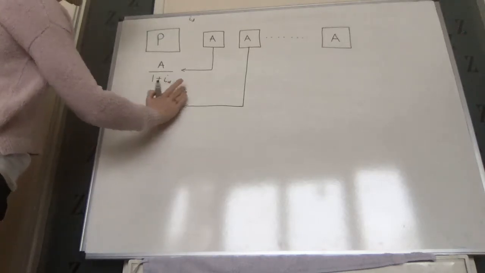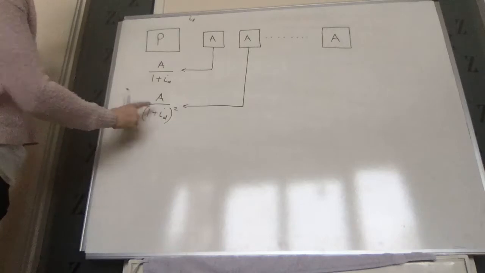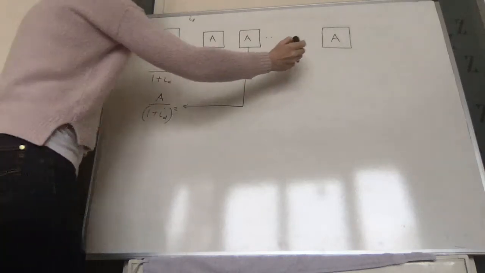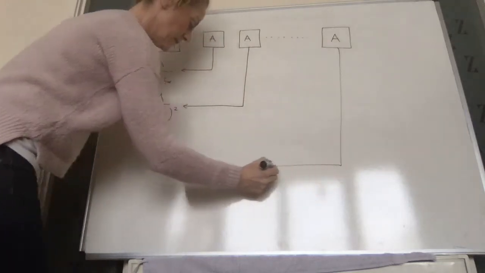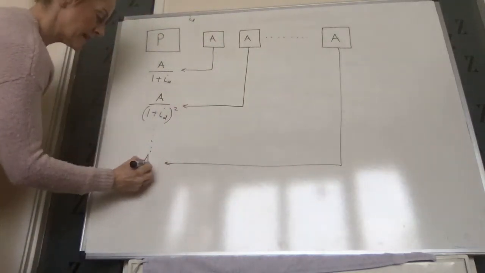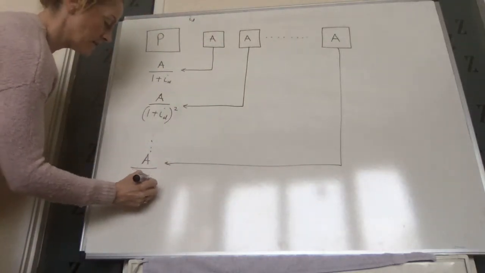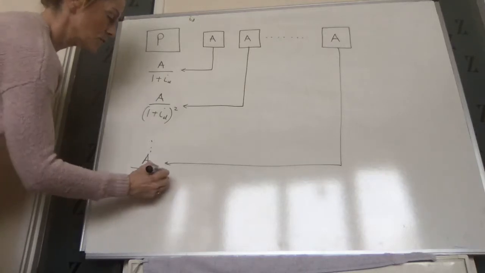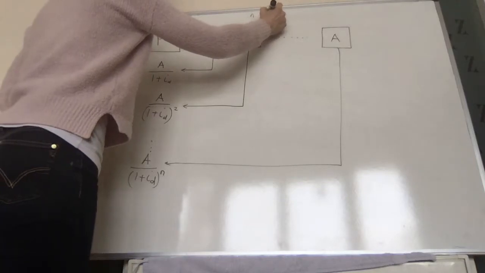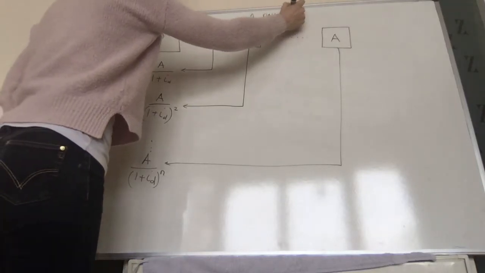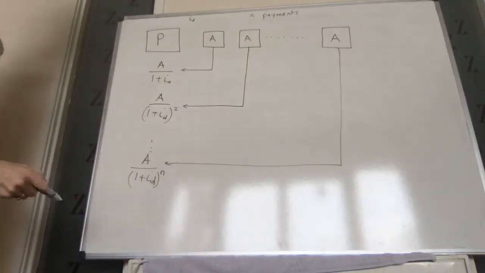So again, the present value of that is this. Working all the way down, the present value of your final payment is A over 1 plus the interest rate as a decimal to the power of N, because we are saying there are N payments. N time frames, N payments.